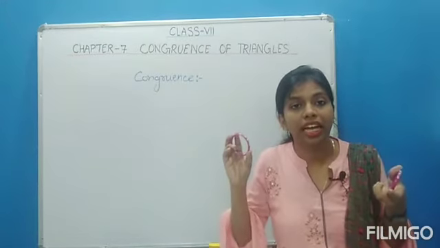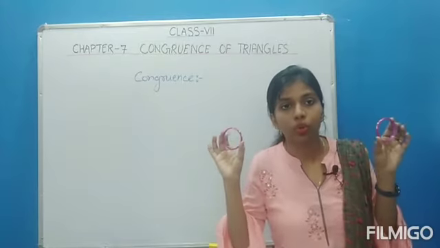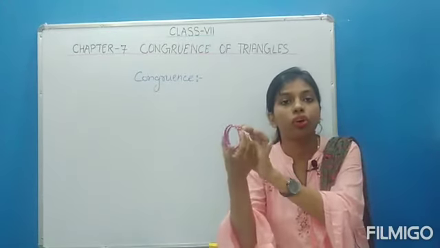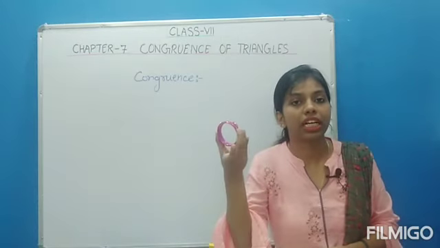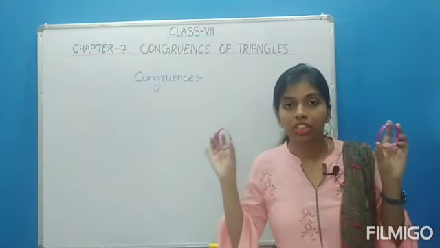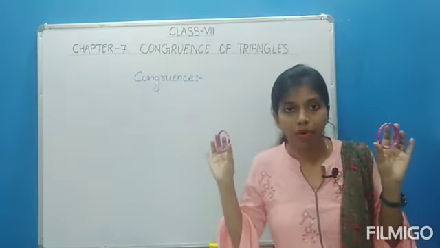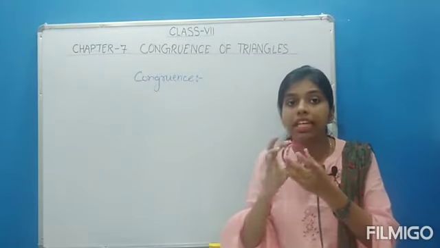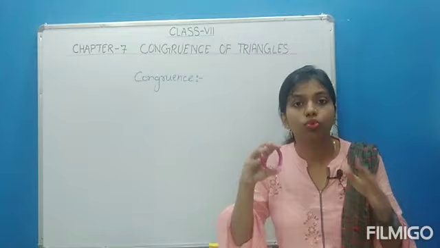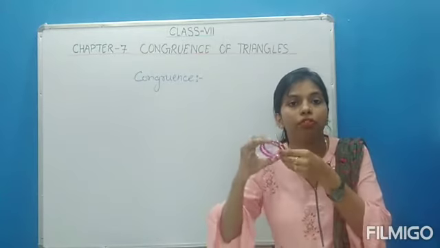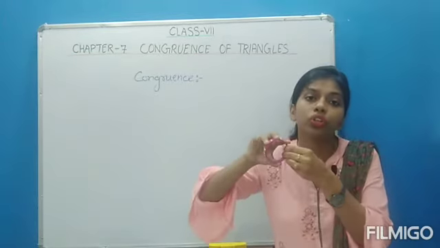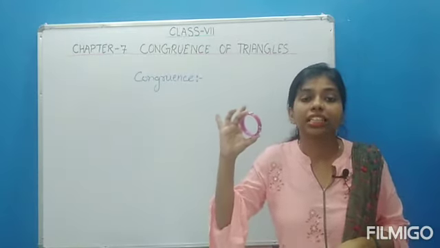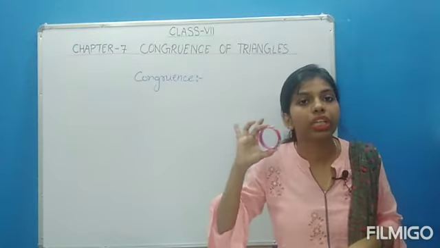So we can say these two bangles are congruent to each other, which means if I put one on another, they overlap each other. Their circumference, radius, whatever measurement we have for a circle, are exactly the same. So we can call these two congruent to each other.